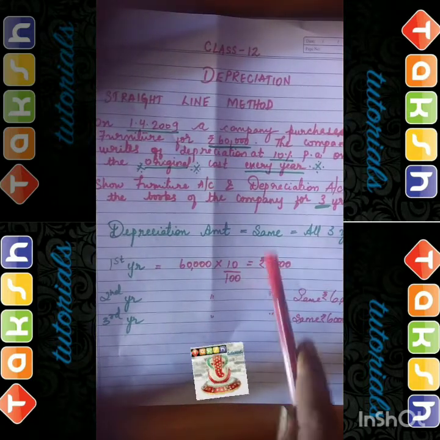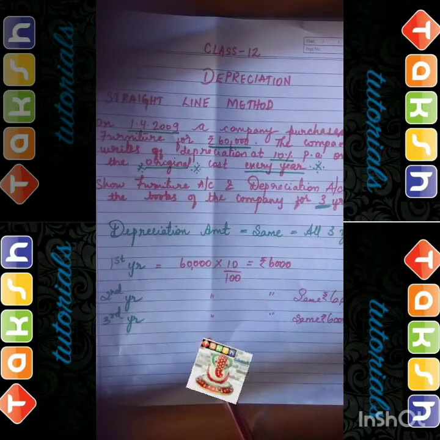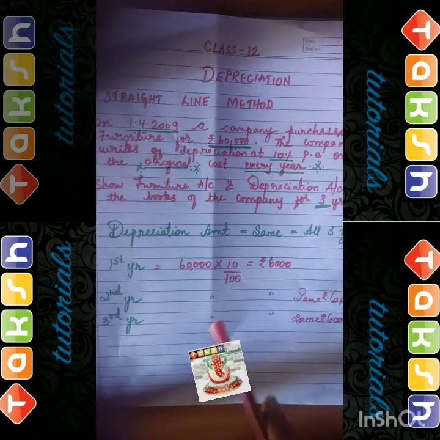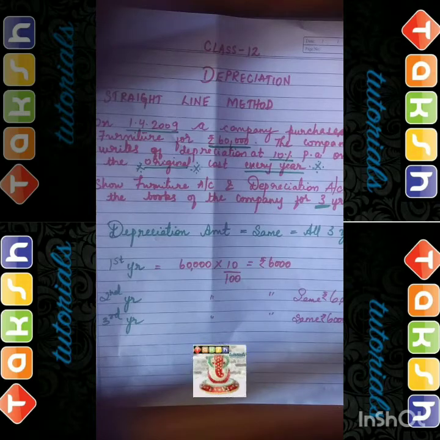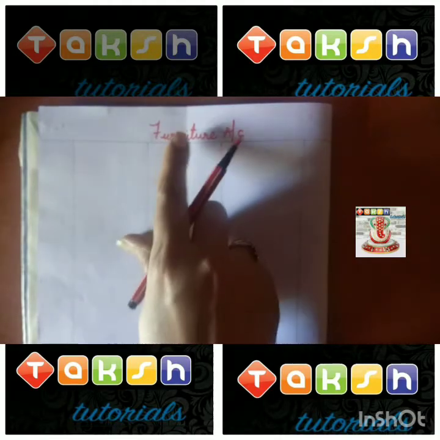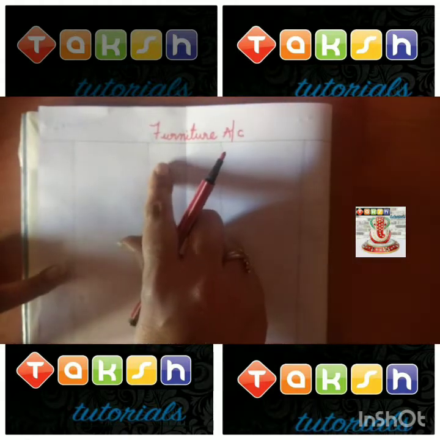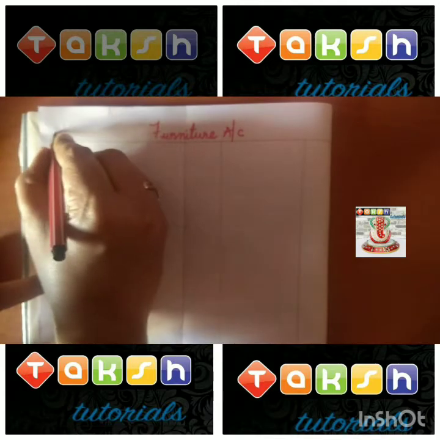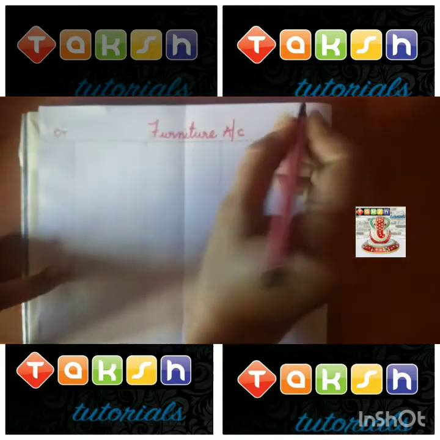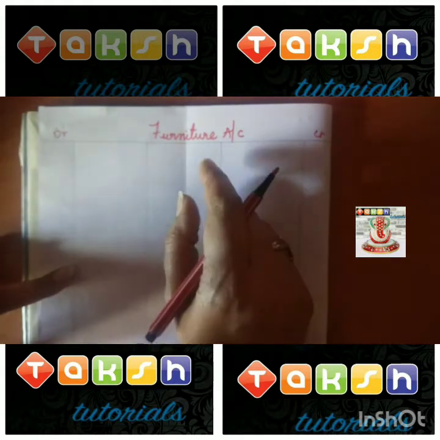Next step is to prepare furniture account. Now I will show you how to prepare furniture account. So this is a ledger account. You have to write here debit and credit, furniture account.